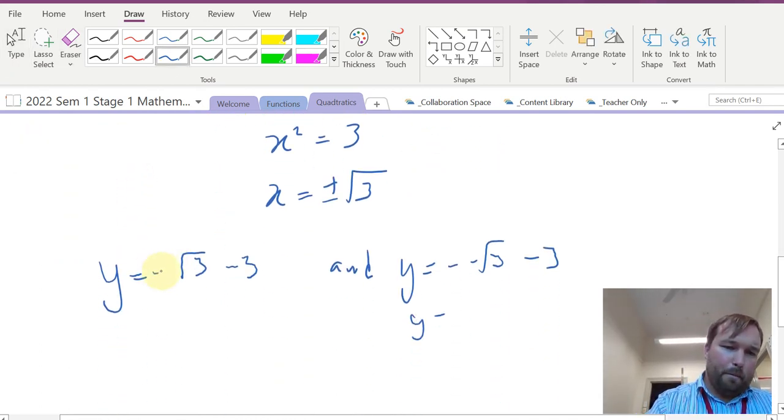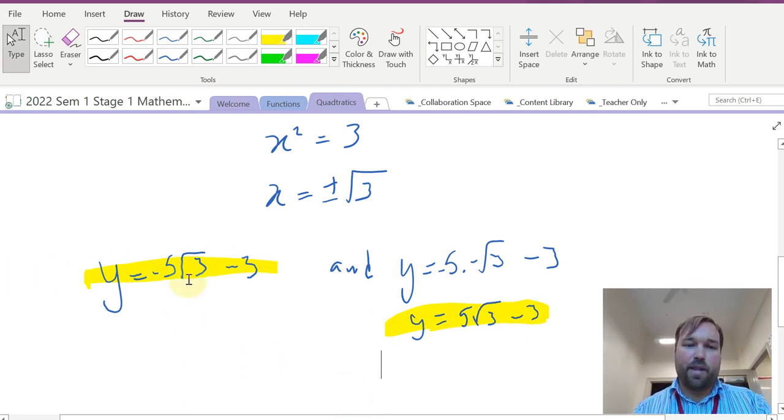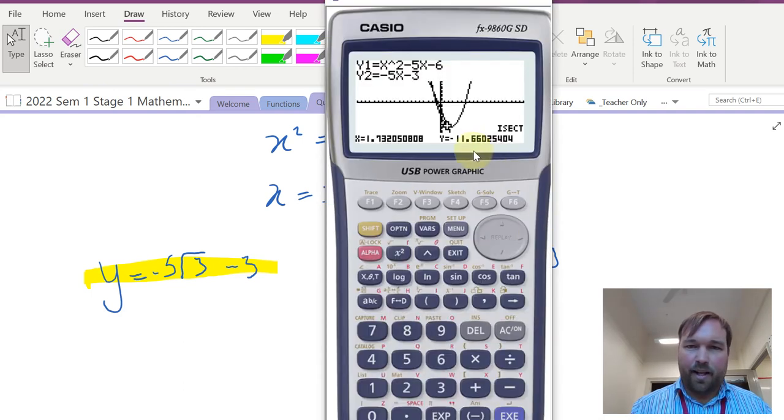Minus 5 root 3 minus 3, and 5 times minus root 3, which is the same as positive 5 root 3 minus 3. So we've got negative 5 root 3 minus 3 and positive 5 root 3 minus 3. And I bet if we put them in our calculator, we get the decimal approximate of negative 11.66 and positive 5.66.